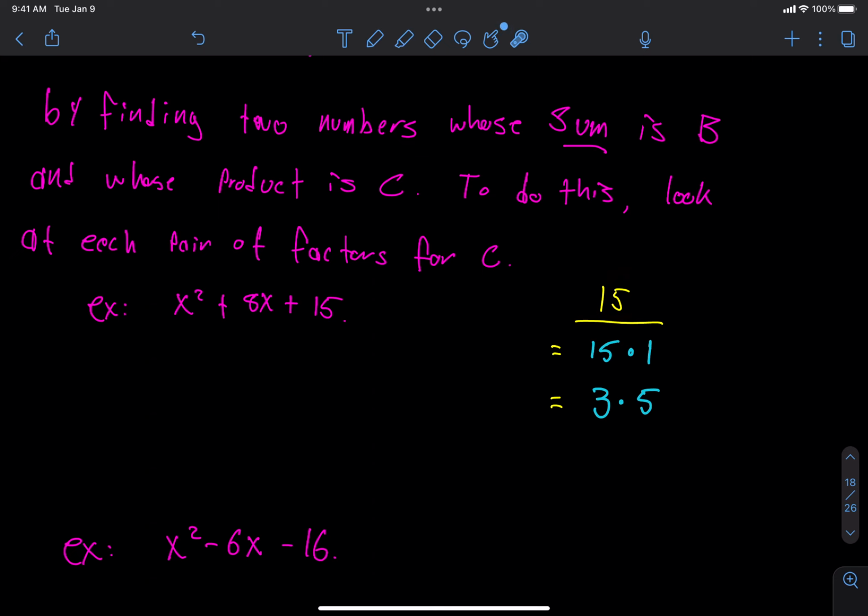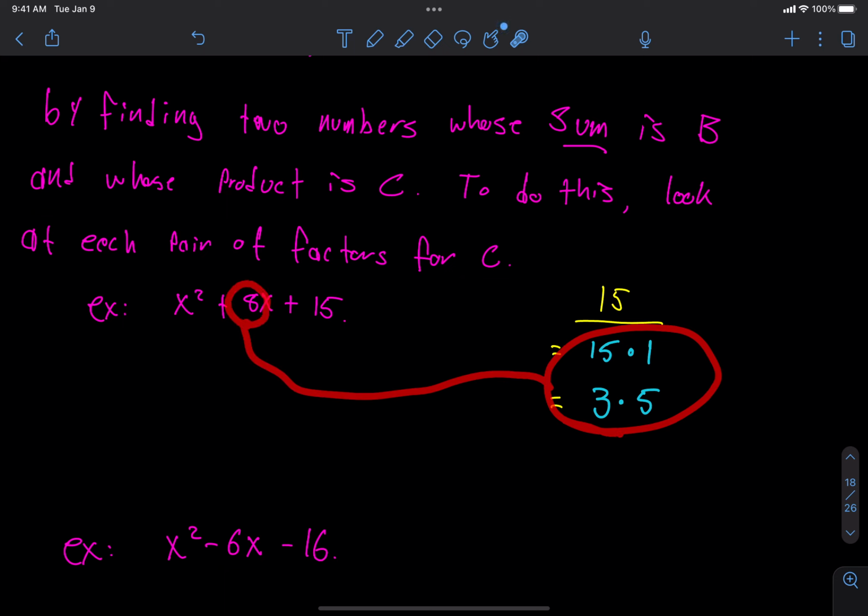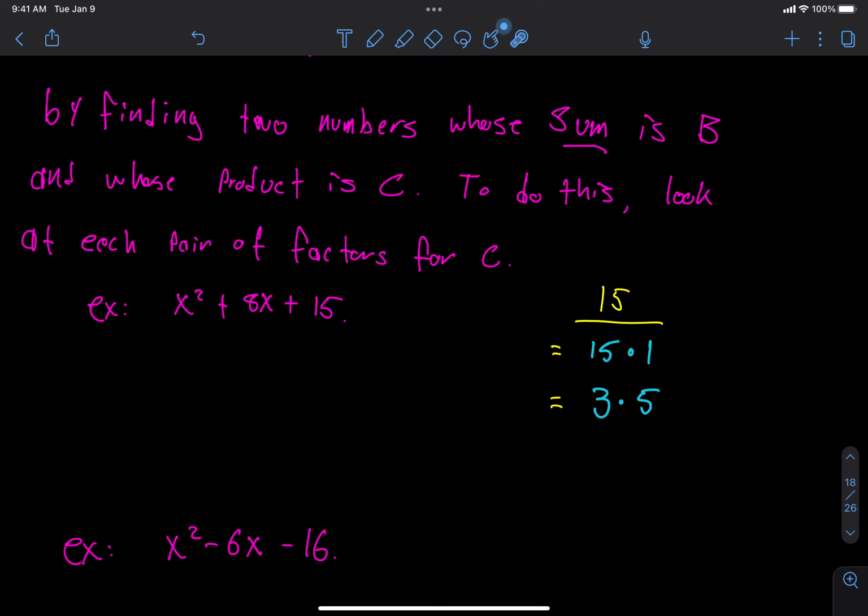Now I'm going to check, are there any of those pairs such that if I added them together, I would get 8? And the answer is yes. If I add 3 and 5 together, I get 8. So this is how I can factor this. What am I going to get? I'm going to get x plus 3 times x plus 5.